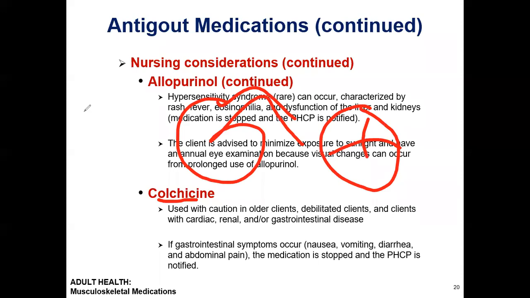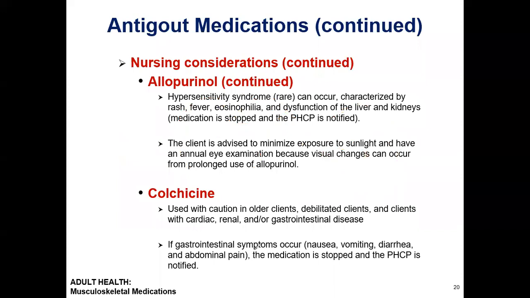Or if our patient has a GI problem, we do not give them colchicine, right? Stomach. So again, gastrointestinal syndrome usually occurs as upset, we call nausea, vomiting, diarrhea, and abdominal pain. If we see any problem like this, we always notify the healthcare provider and we stop this medication.